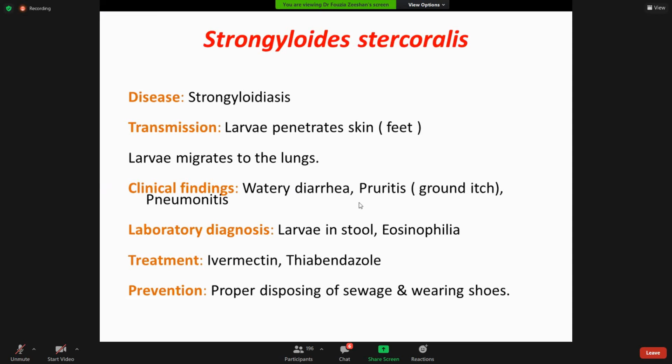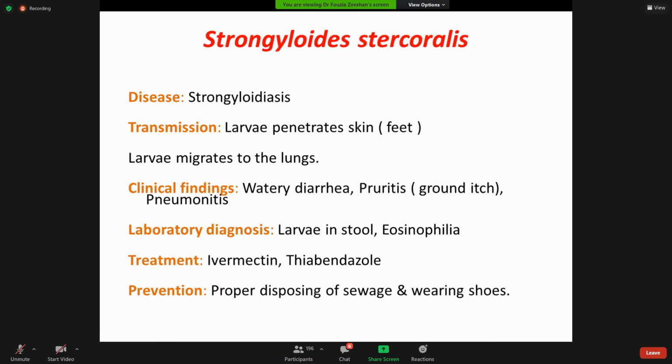So it causes itching and skin infections at the site of entry of the skin, and when it reaches the lungs, it causes pneumonia, and then when again it moves around the lungs and enters into the GIT tract, it causes watery diarrhea. Laboratory diagnosis of larva in stool is important, and eosinophilia occurs.